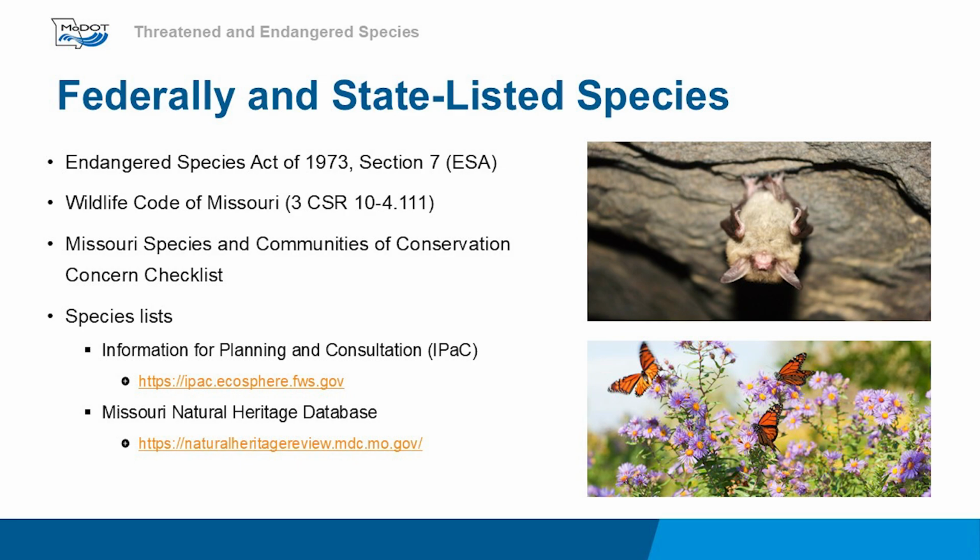To obtain a list of federal species, use the U.S. Fish and Wildlife Service Information for Planning and Consultation, or IPAC, website. For state-listed species, use the Missouri Department of Conservation Missouri Natural Heritage Database. We will discuss how to use each of these websites shortly.